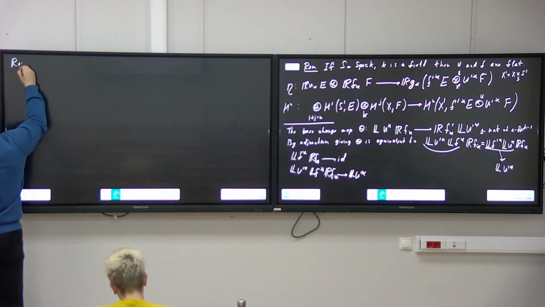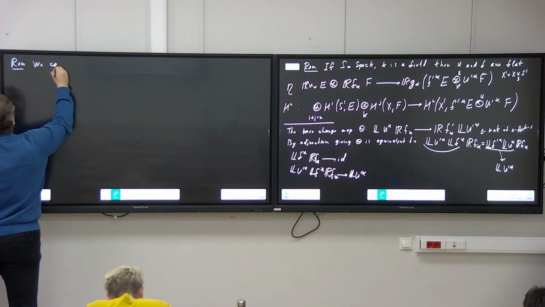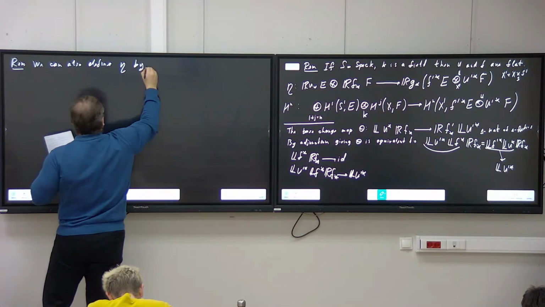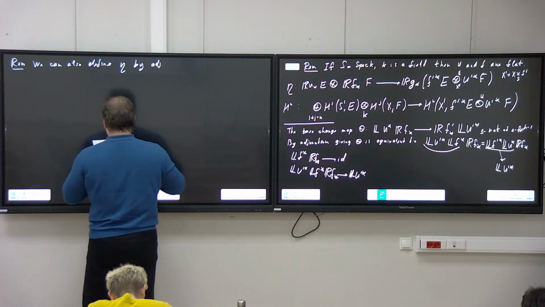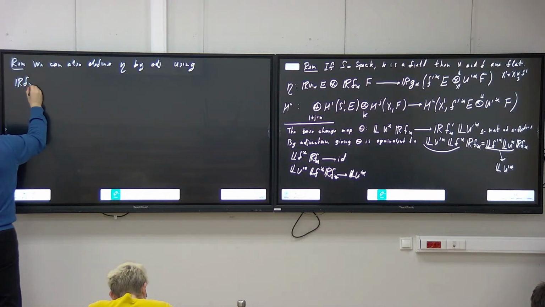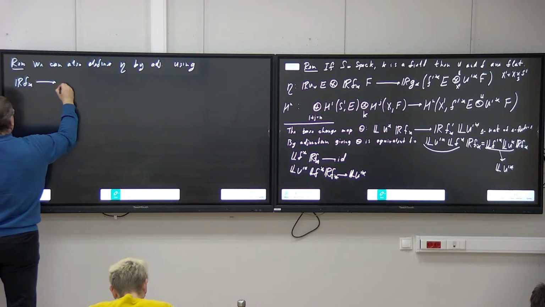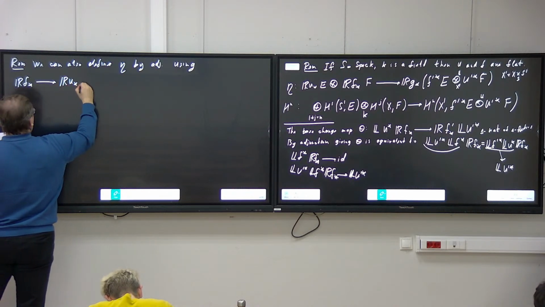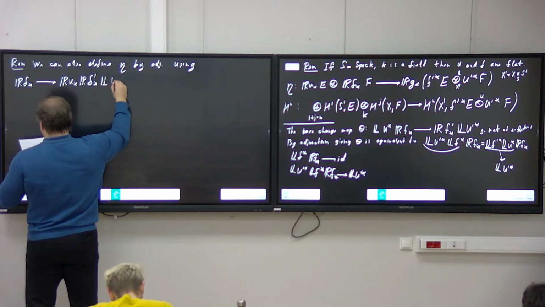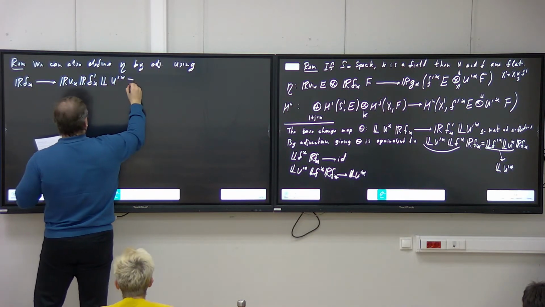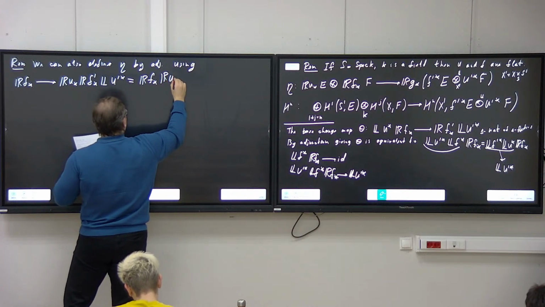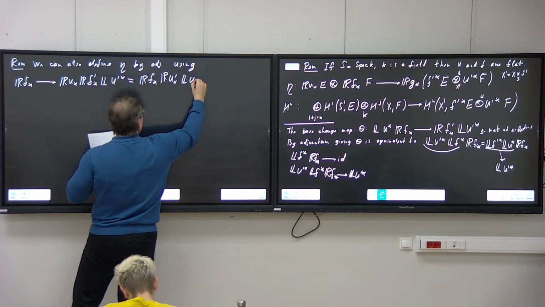Remark: we can also define eta by adjunction, so using RF lower star, this is mapped to the RU lower star, RF upper star, lower star, so the derived U prime upper star, which is the same thing as the RF lower star, RU lower star prime, U prime upper star.